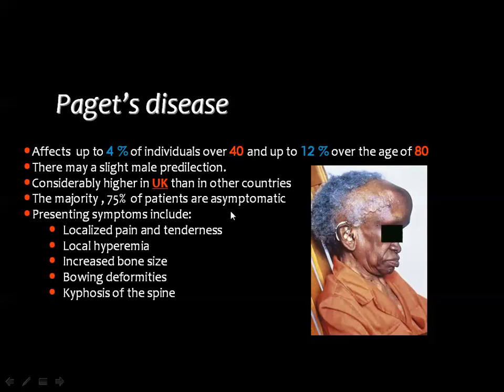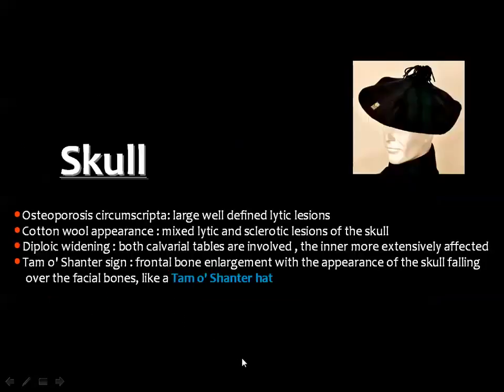Most of the patients may be asymptomatic, but symptoms may include pain and tenderness, localized hyperemia, increase in the size of the bone, bowing deformities, and kyphosis of the spine. Osteoporosis circumscripta is one of the descriptive terms for Paget disease, meaning the presence of large, well-defined lytic lesions affecting the calvarium and other parts of the skull.